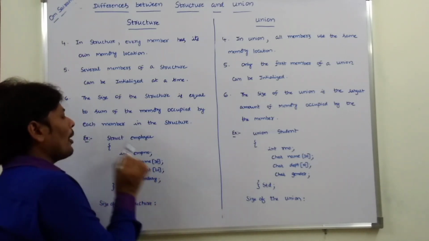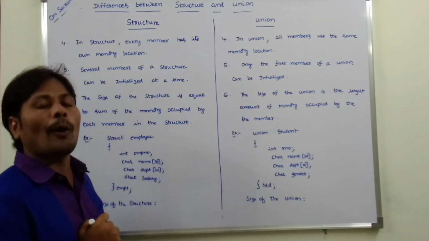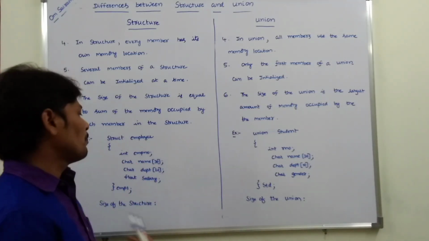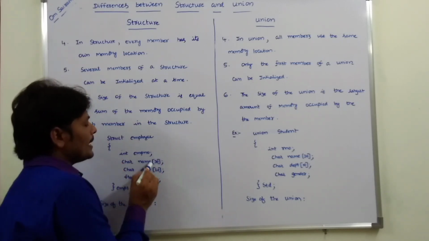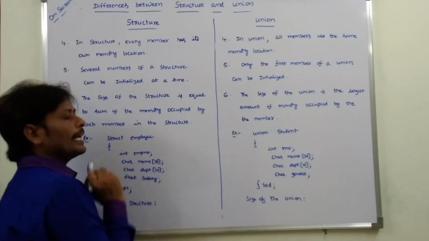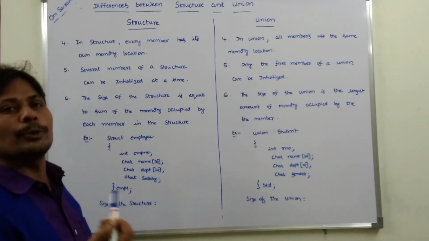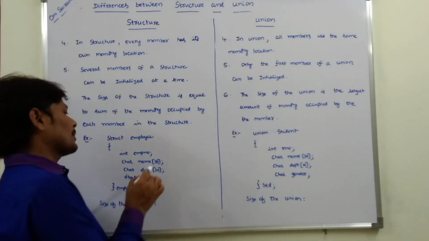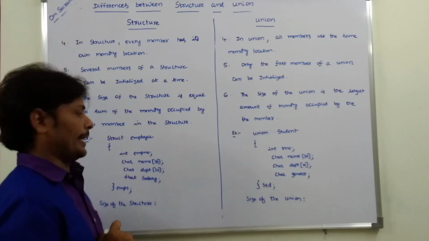Here the employee number data type is int. It occupies 2 bytes. Next, the name of the employee: the size is 30 characters, data type char. Each character occupies 1 byte according to the Windows operating system, so 30 into 1, 30 bytes of memory is allocated.